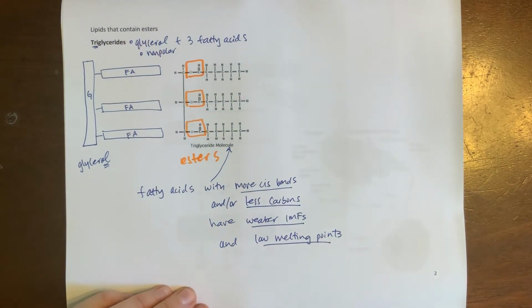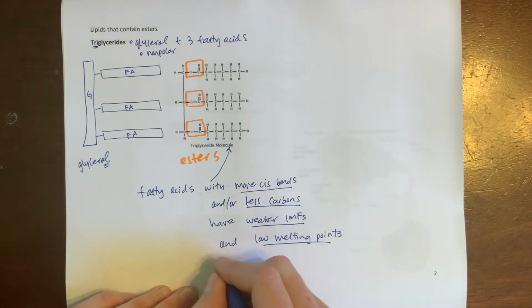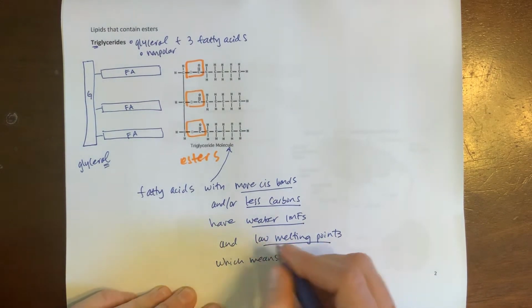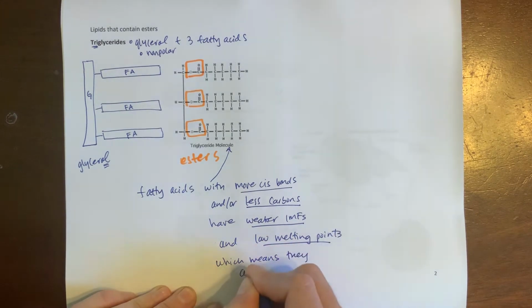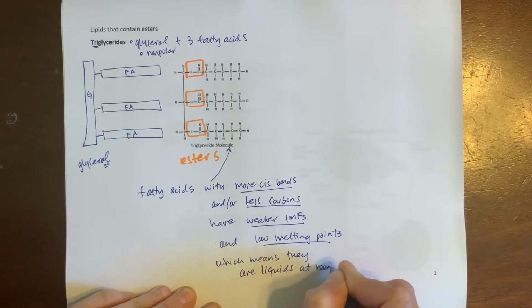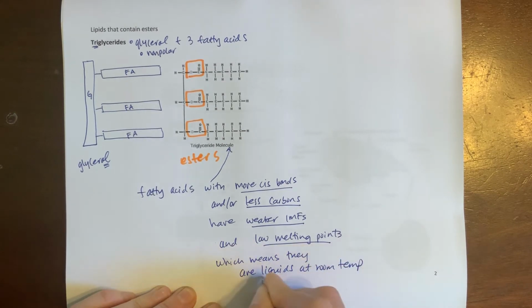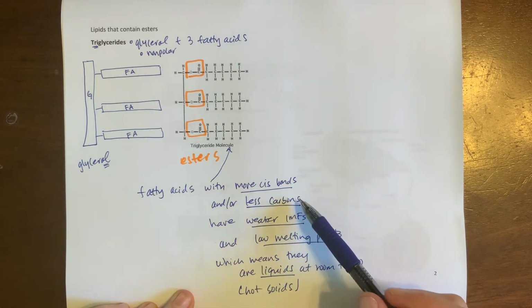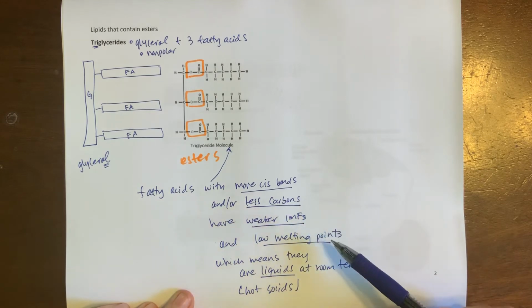And what that means, if I go to my kitchen and I'm looking for one of these, I could say that if they have those low melting points, that means that they are liquids at room temperature, not solids. Solids would have not cis bonds and would have more carbons and strong IMFs and high melting points, and then you would get a solid instead.